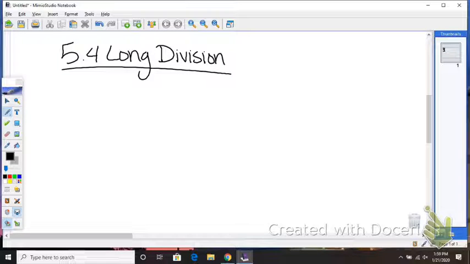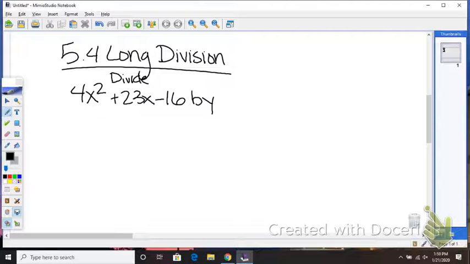So we're going to take, let me move this up so I can see it. We're going to take 4x squared plus 23x minus 16, and we're going to divide this by x plus 5. So we're going to take this big polynomial and divide it by x plus 5.